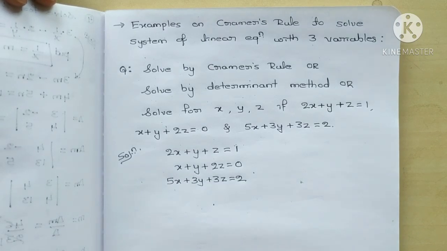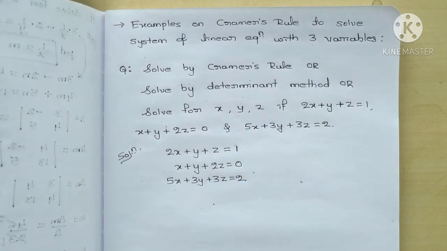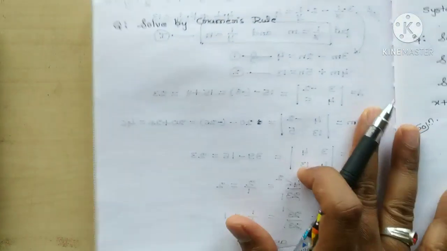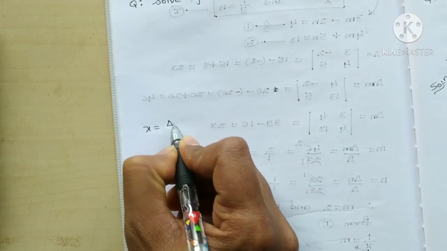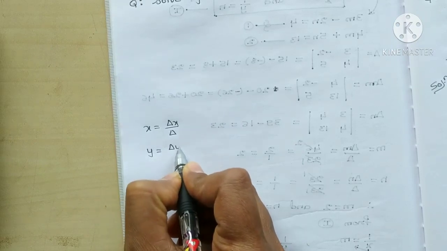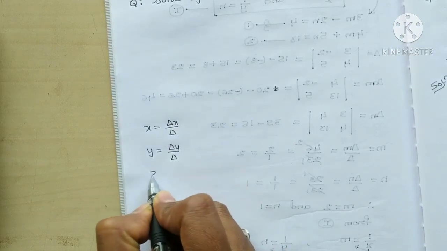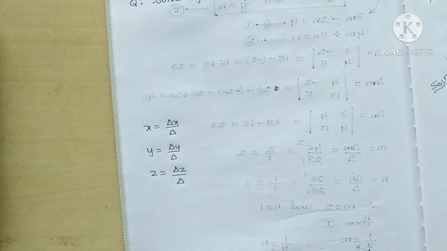So here you need to find out the x value, y value and z value. So you know the formula. What is that formula? x equals delta x divided by delta, y equals delta y divided by delta, z equals delta z divided by delta.